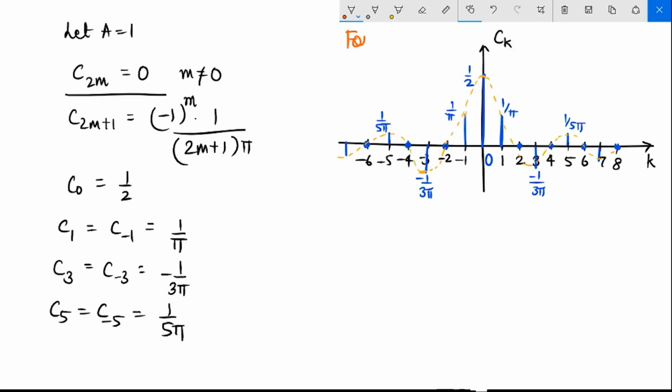This is called the Fourier spectrum. The envelope of which follows a sinc function. Let us continue our discussion.